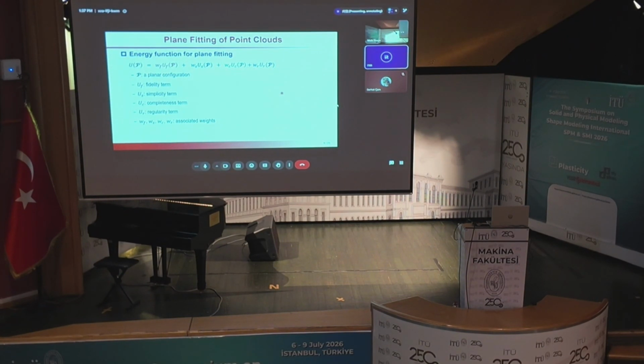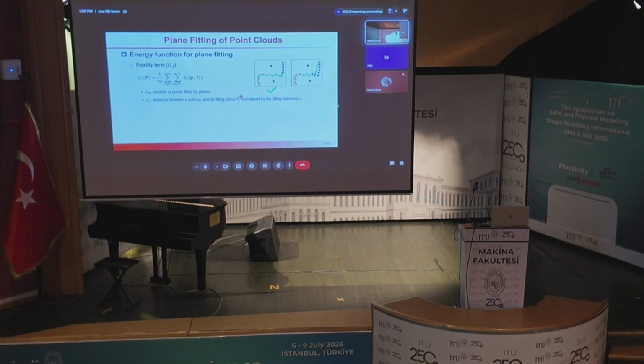This energy function includes four terms, and each term corresponds to one requirement. After minimizing this energy function, we are going to get a plane configuration that balances the fidelity, simplicity, completeness, and regularity. Next, I will briefly explain the four terms. The first term, the fidelity term, measures the distances between the points and the fitted planes, normalized by the fitting tolerance.